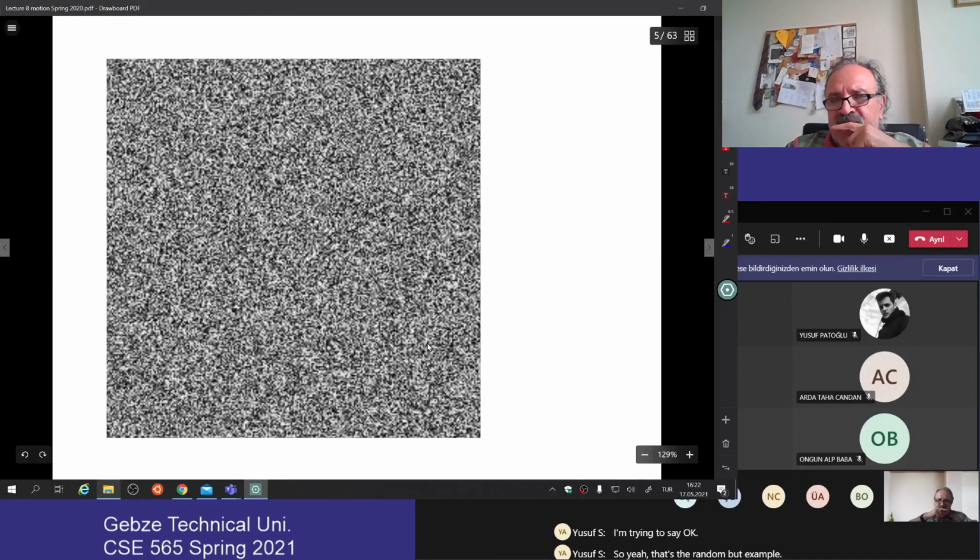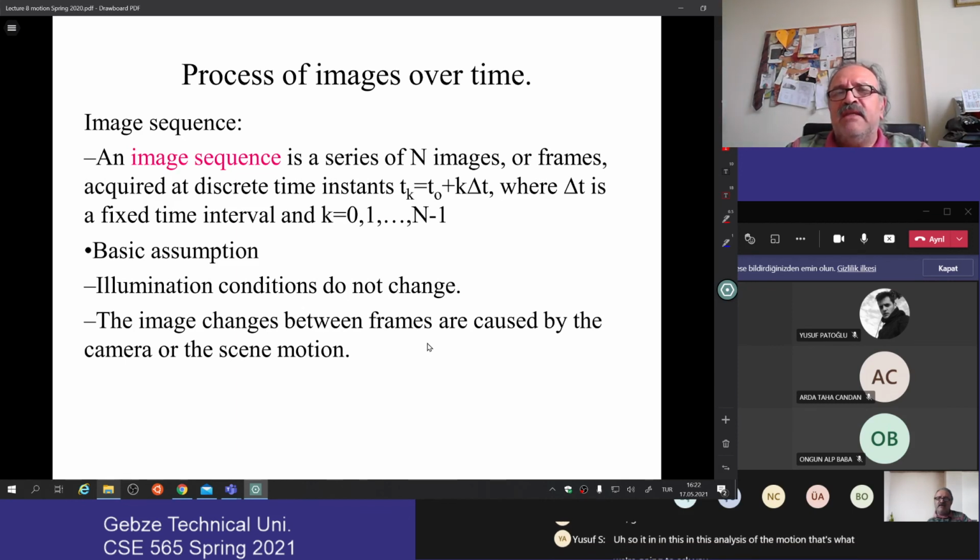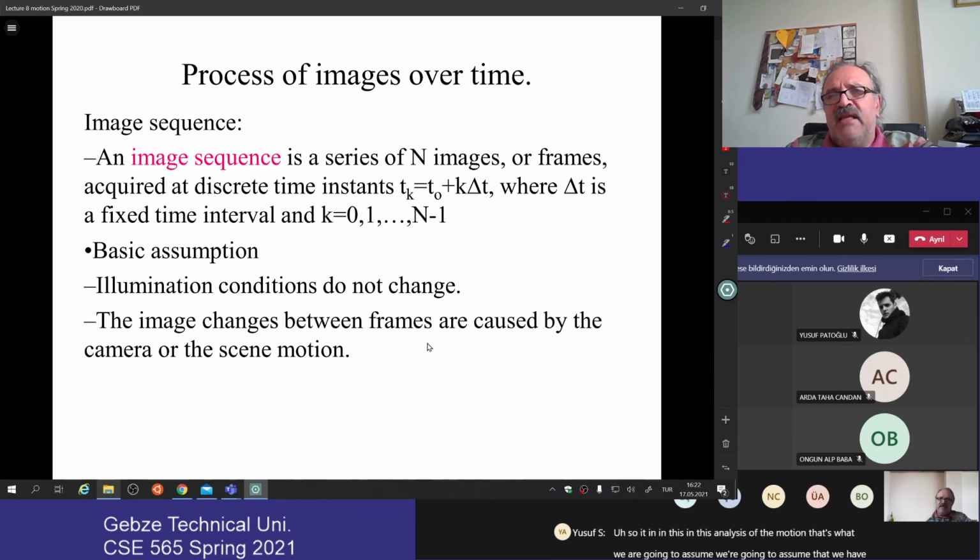Okay, good. So in this analysis of the motion, that's what we are going to assume. We are going to assume that we have many images, n images or frames acquired at different time instants.